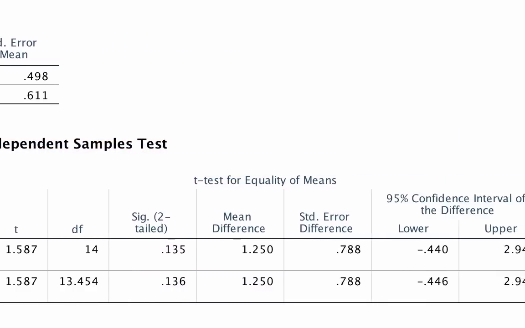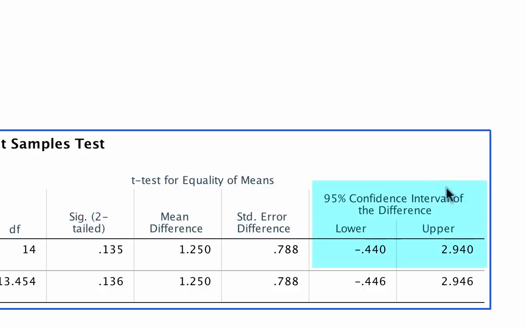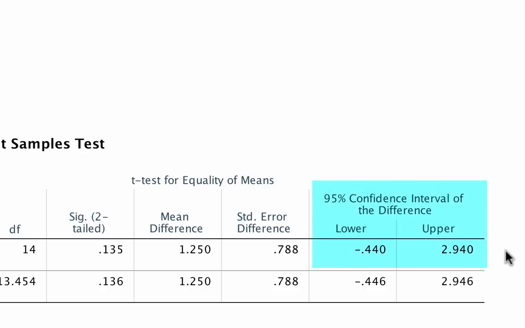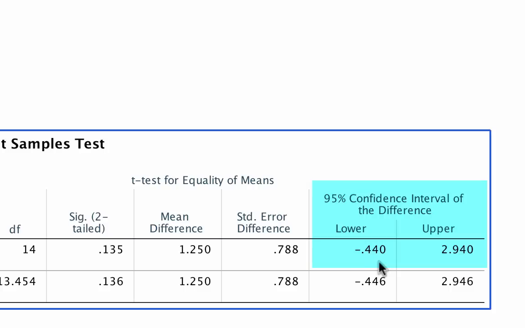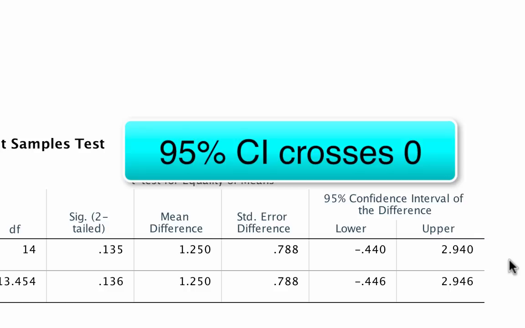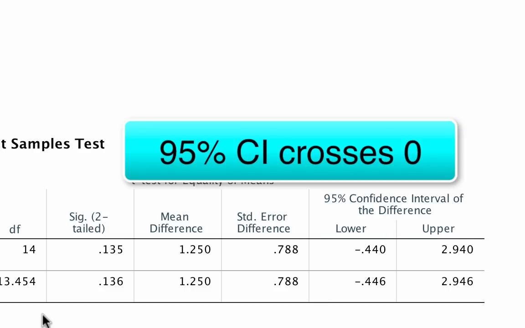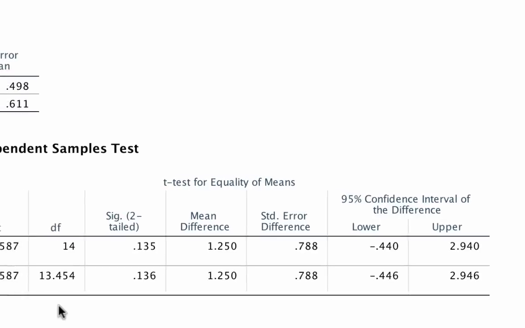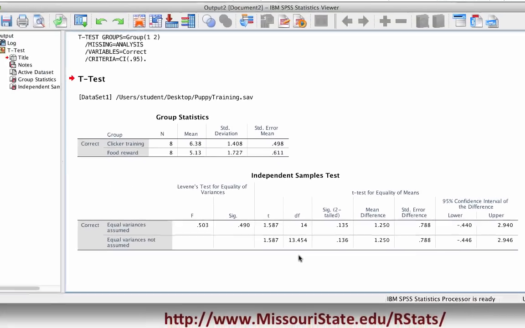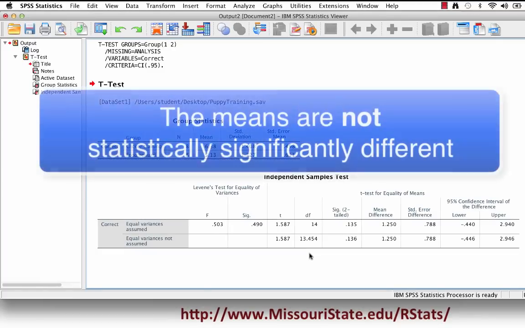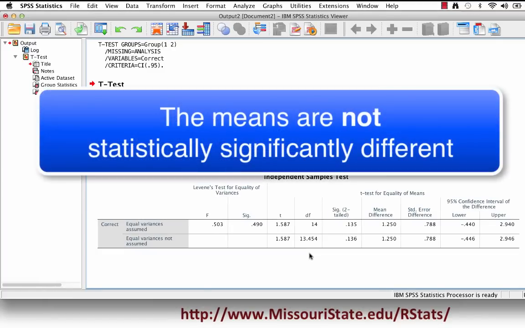We also see that the 95% confidence interval for the difference between sample means, which is mean 1 minus mean 2, shows a lower bound of negative 0.44 and an upper bound of positive 2.94. Because this confidence interval crosses 0, it includes the null hypothesis value of 0 difference. All three of these findings tell us the same thing. The means of these two training groups do not differ statistically significantly.